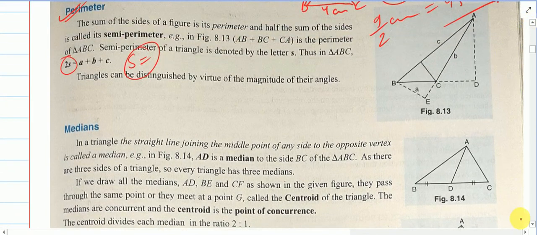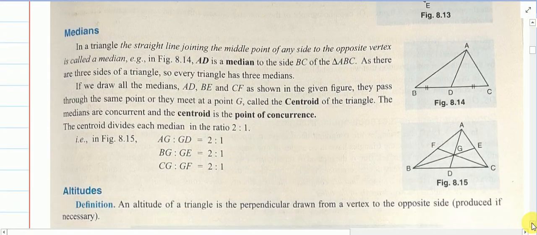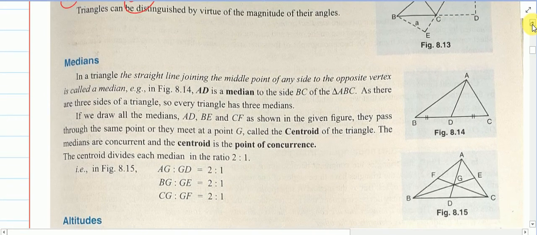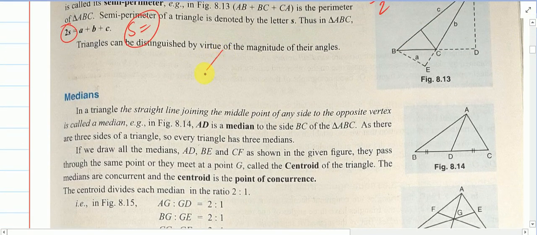Next is medians. I think in class 8 we have already discussed medians. So let's say we have a triangle ABC. Let's say this is 4 centimeter, this is 6 centimeter, this is 5 centimeter. Clear? Now the midpoint of BC will be at what? That means from here also 2 centimeter, from here also 2 centimeter. This is the midpoint.